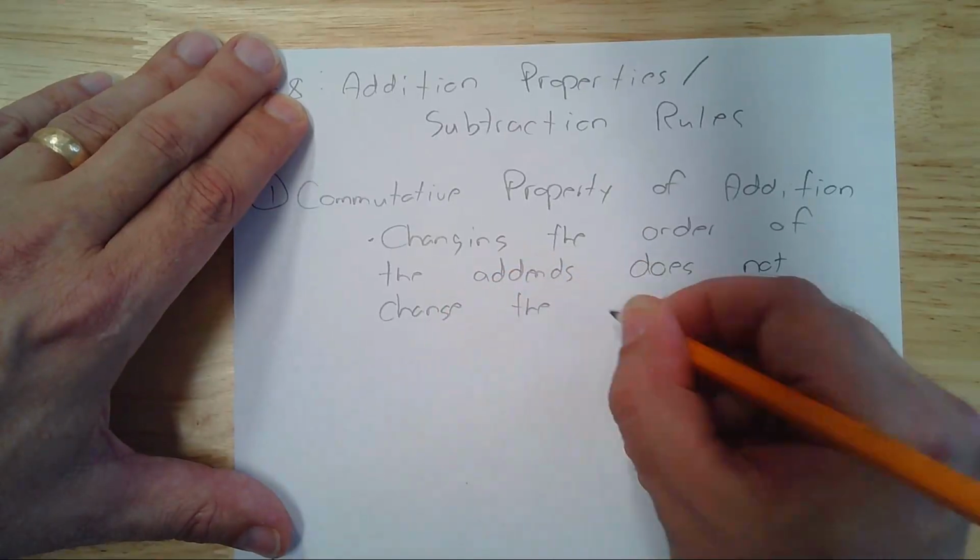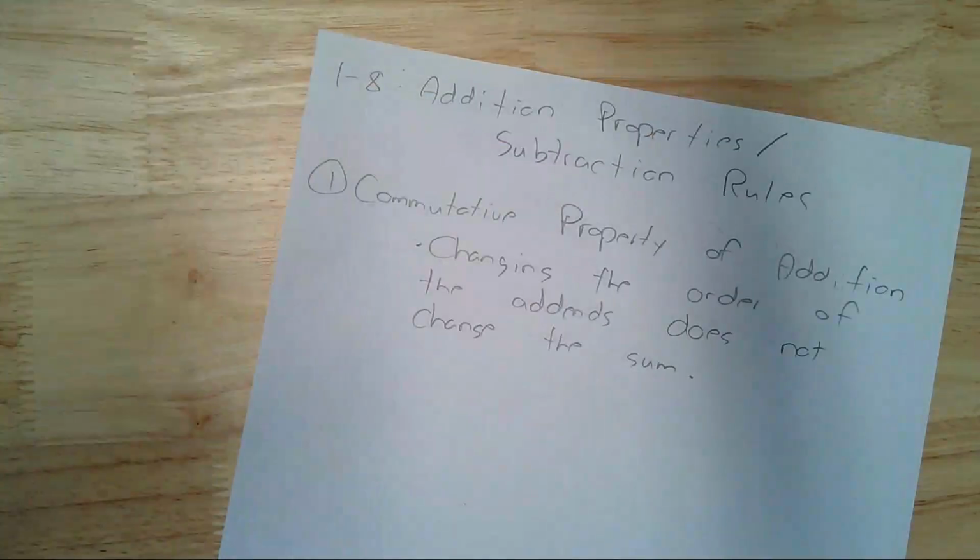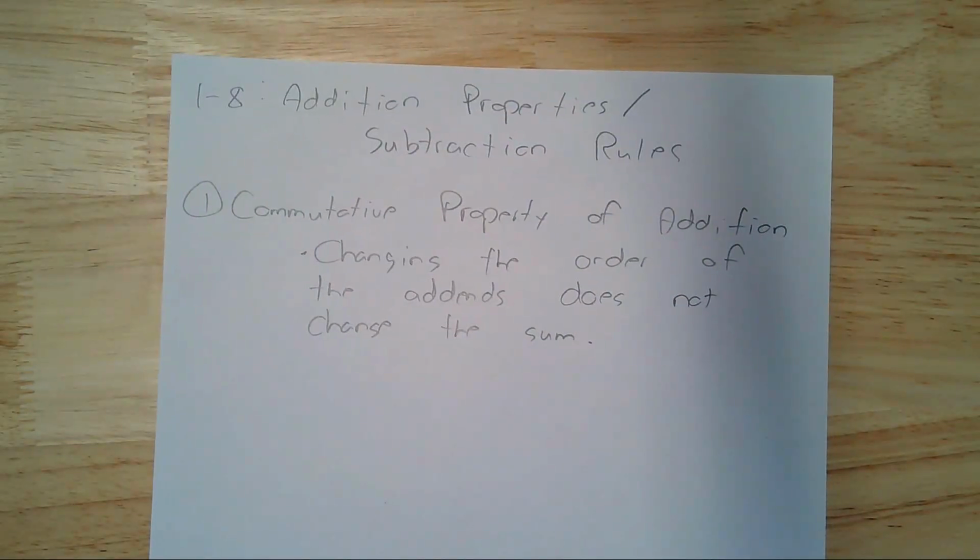Yes, you do have to write this. Right, this is our notes. So, how did the book say it? Changing the order of the addends does not change the sum. Well, somehow we wrote it word for word identical. I never even looked at what the book said until now. I've never had that happen.